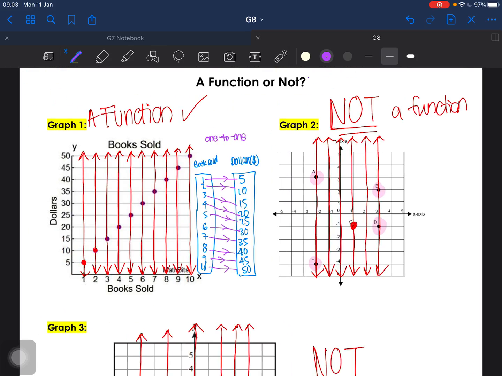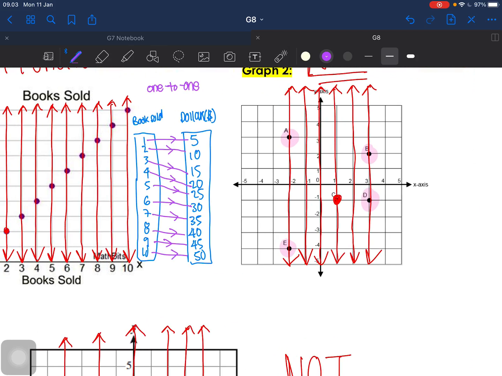But on the contrary, let's do graph 2 here. So this one, our inputs are our x's here, right? So we got -2, 1 and 3. Okay, and our outputs are our y values.